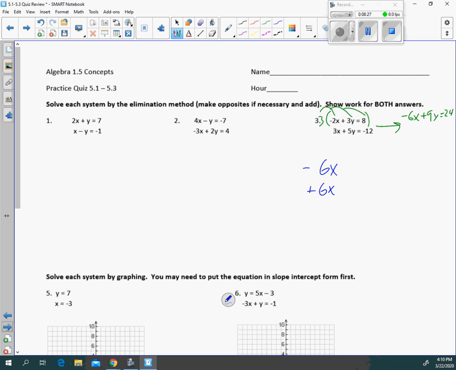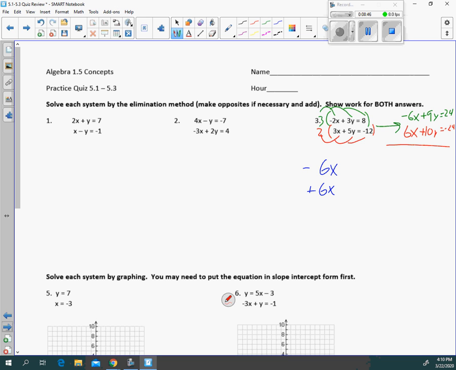And on the bottom, I need to make that 6x, so I need to multiply it by 2. Distributing gets me 6x plus 10y equals negative 24.